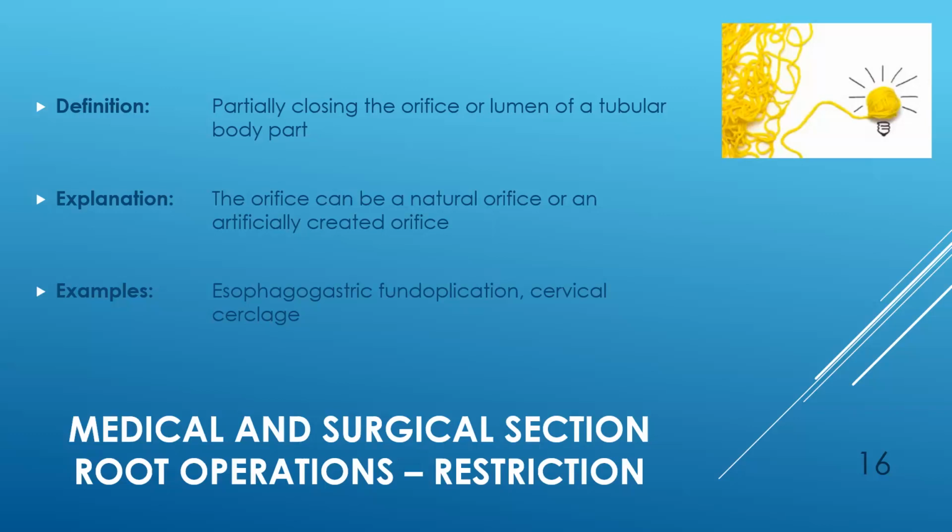The esophagus might be somehow enlarged or bleeding even, and they want to reduce it and restrict it. A cervical cerclage is another example where they restrict the opening somehow. But again, it has to be a tubular type body part, not just any organ, or if they're cutting off blood flow too. Next slide, please.